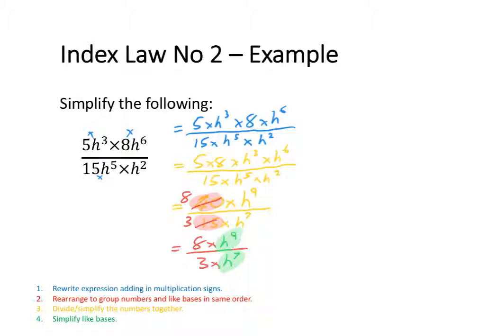So that is going to equal 8 times h to the power of 9 minus 7, divided by 3, which is going to equal 8h to the power of 2 divided by 3. So my question simplifies down to 8h to the power of 2 divided by 3.